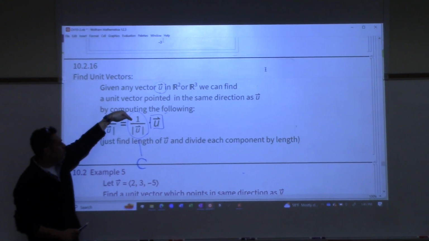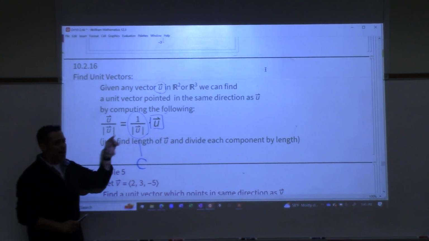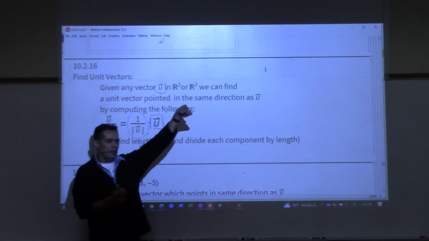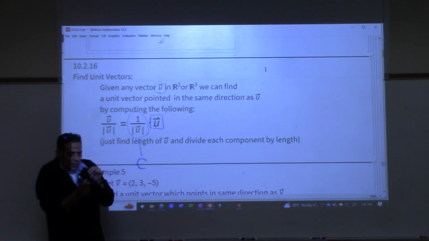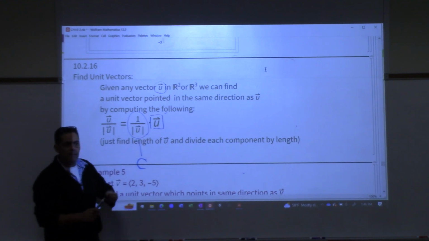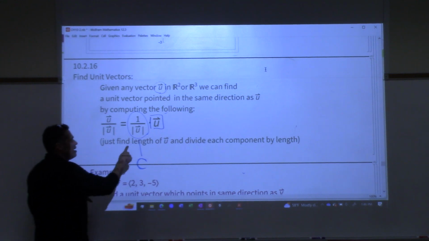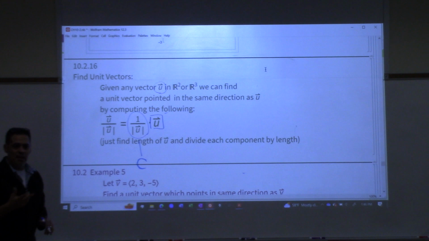See, you're multiplying the vector u, you're scaling it by 1 over its length. So like you just said, if the vector u was 10 units long, you would multiply it by 1/10 to make it shrink down to be 1, right? That's what this is. So that's one little aspect of why it's nice to be able to find the length of a vector, because then you can find a unit vector in the same direction.